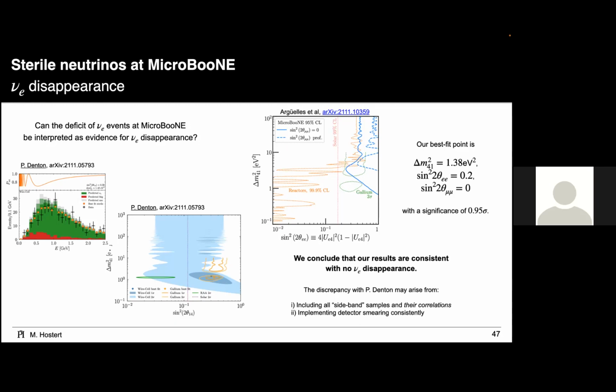The main difference here comes from the fact that we have oscillations in the sideband samples, which change the normalization of your background if you had nu_e disappearance. So when doing this fully consistently in a full oscillation model, you'd get our answer.